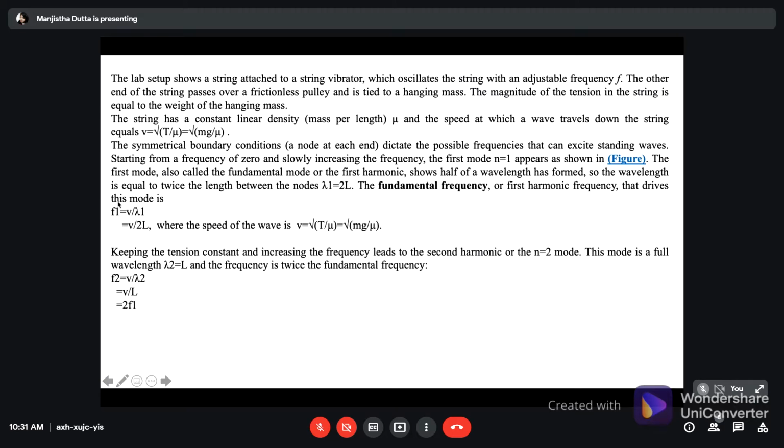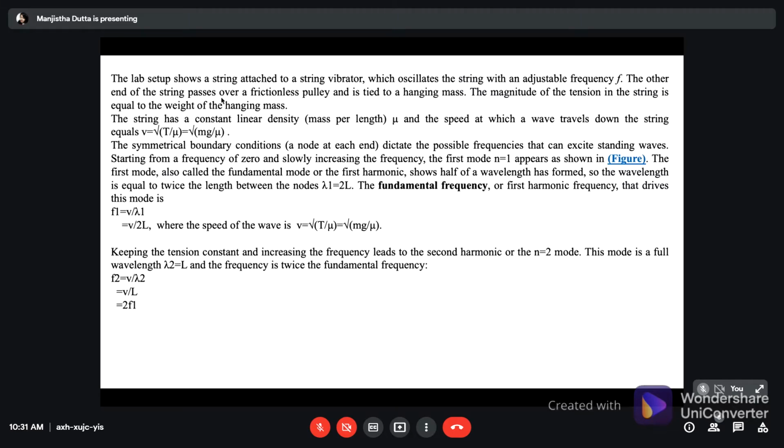The velocity of the wave v is equal to f into lambda. Here frequency is represented by f. So frequency into wavelength gives you the velocity. If I want to calculate the frequency, it will be velocity by wavelength.